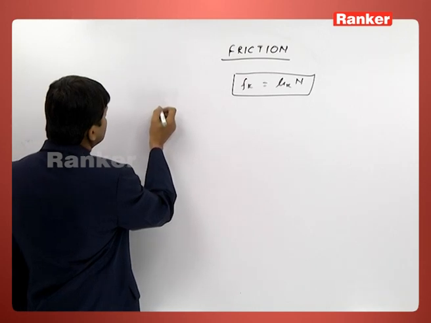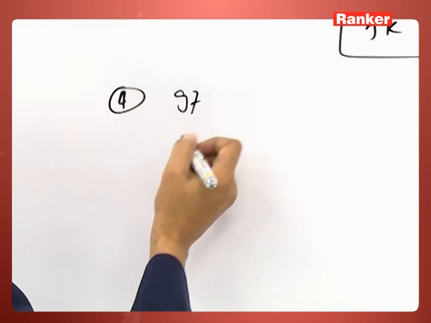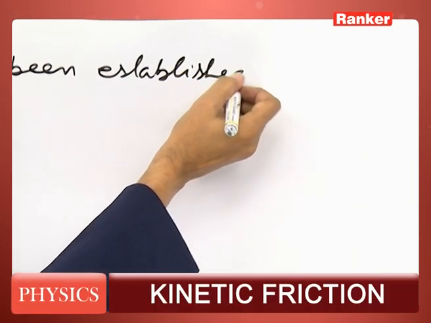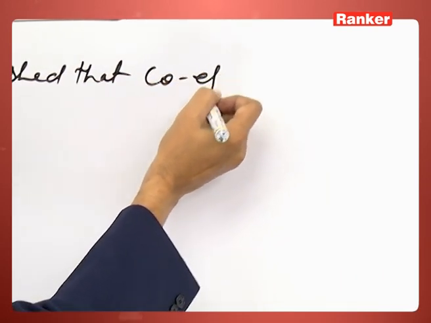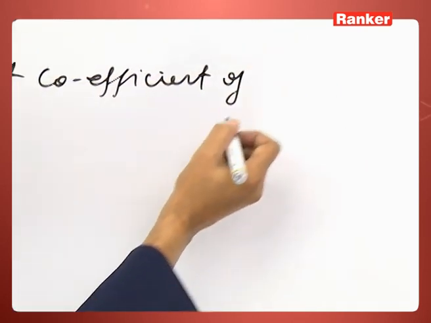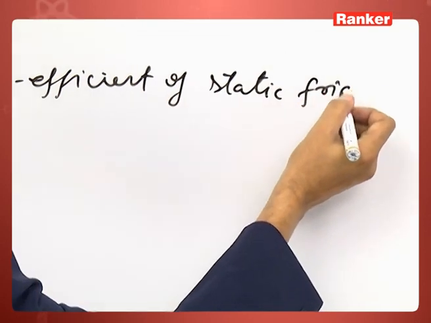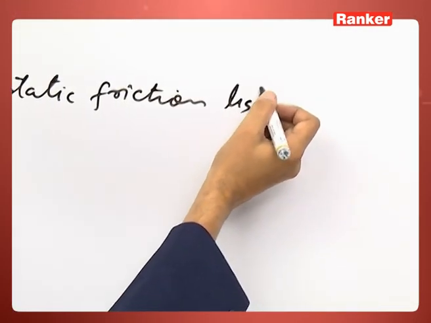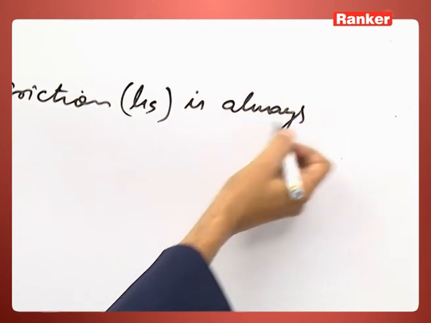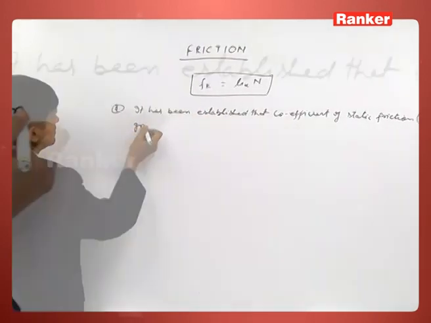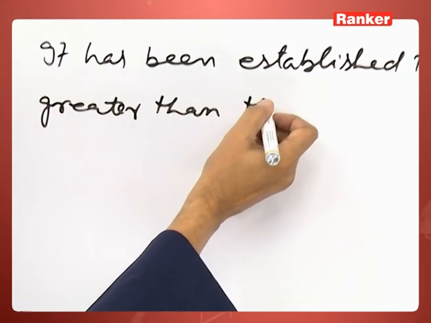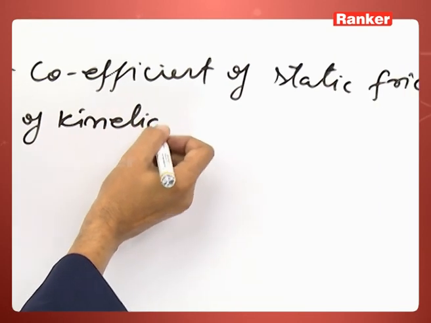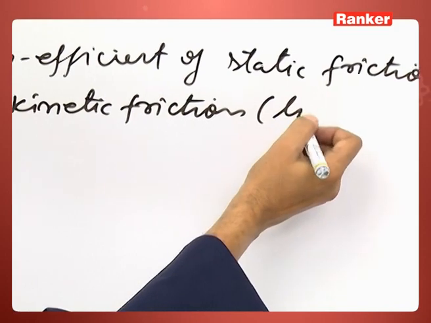So another point, the fourth point: it has been established that the coefficient of static friction mu s is always greater than the coefficient of kinetic friction mu k.